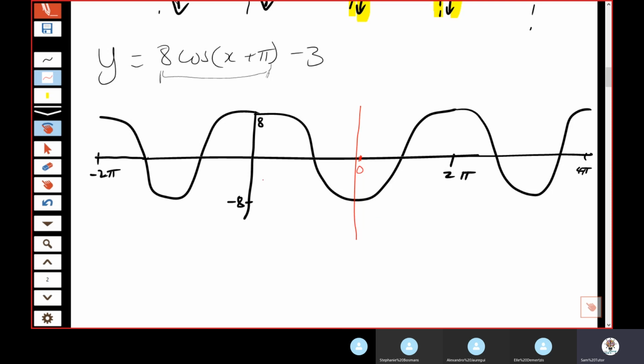I move my axis to the right pi. So what does that become now? You technically take away pi from that. So that just becomes pi. And then somewhere there would have been 3 pi. So take away pi would be 2 pi. And that's all we need to stop at.